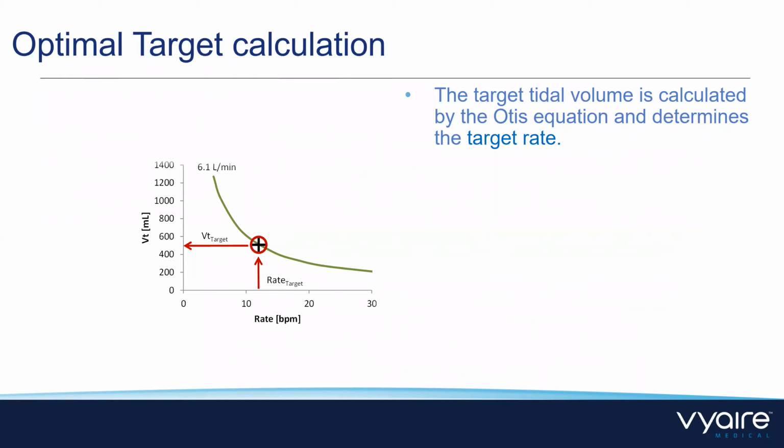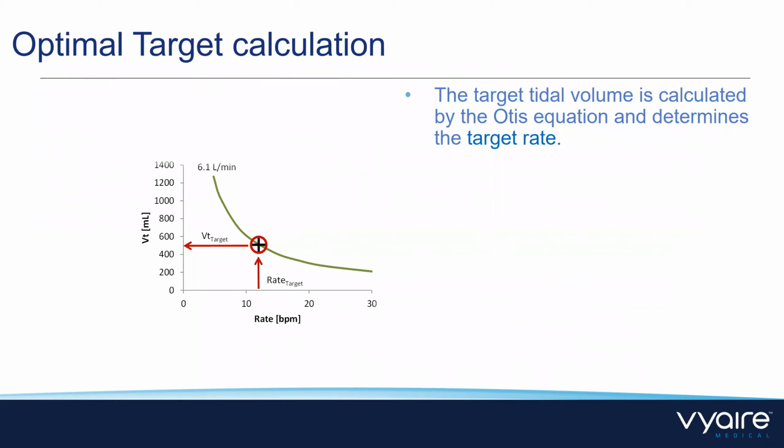And he found out that there is always, for each and every human or mammal, an optimum rate for ventilation. And this is what the Otis equation in this AVM ventilation mode is doing as well. The Otis equation is looking at the resistance and compliance of the patient, and it's calculating a certain rate. In this case, when you look at the graph, it's about 12.